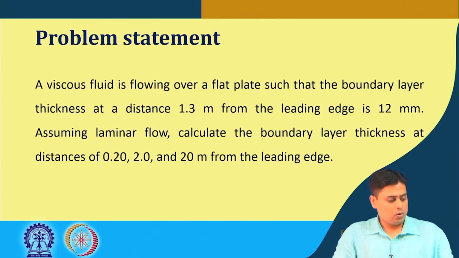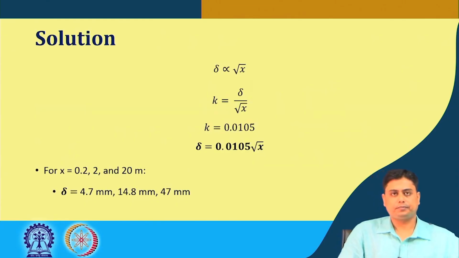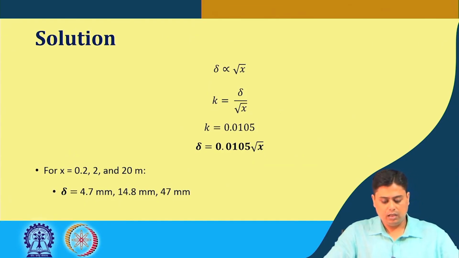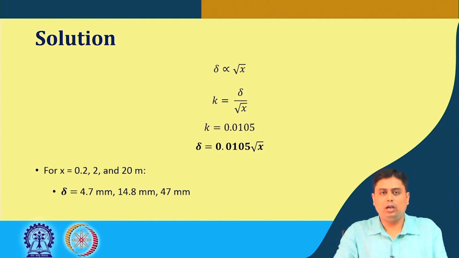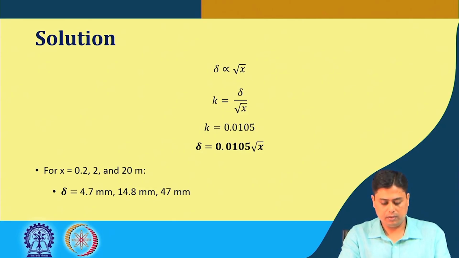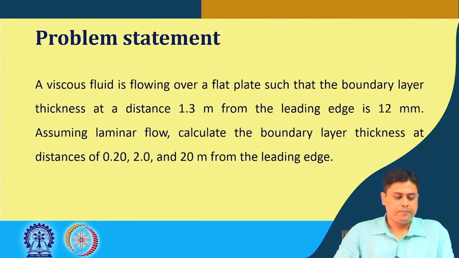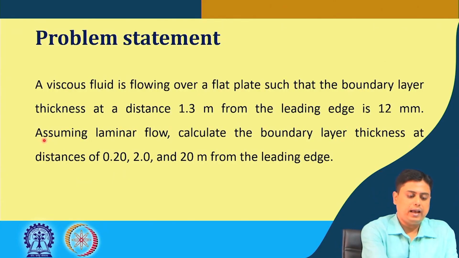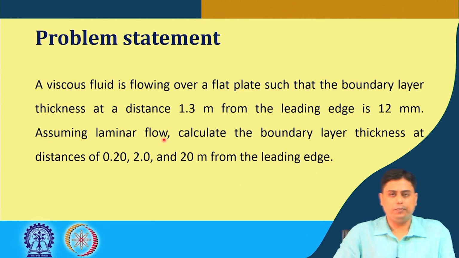If we look at it, we know that the boundary layer thickness is proportional to the distance to the power 0.5. This we have discussed in the previous class. The assumption here is laminar flow.